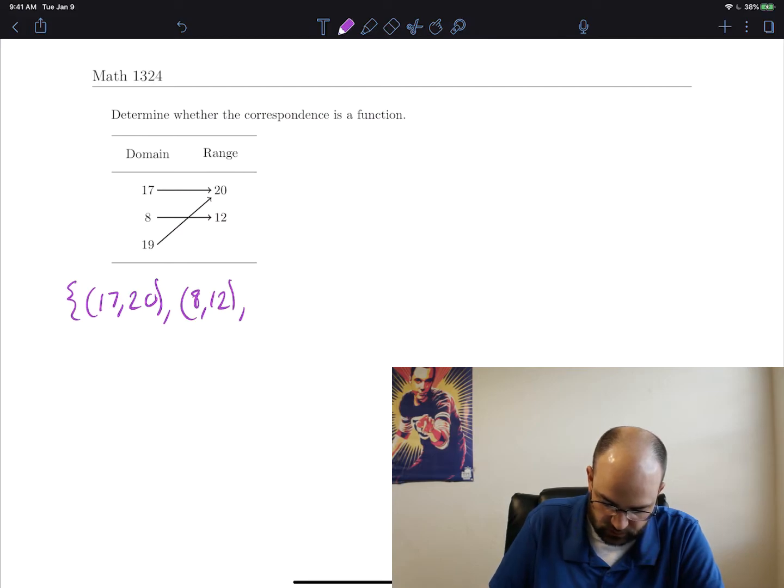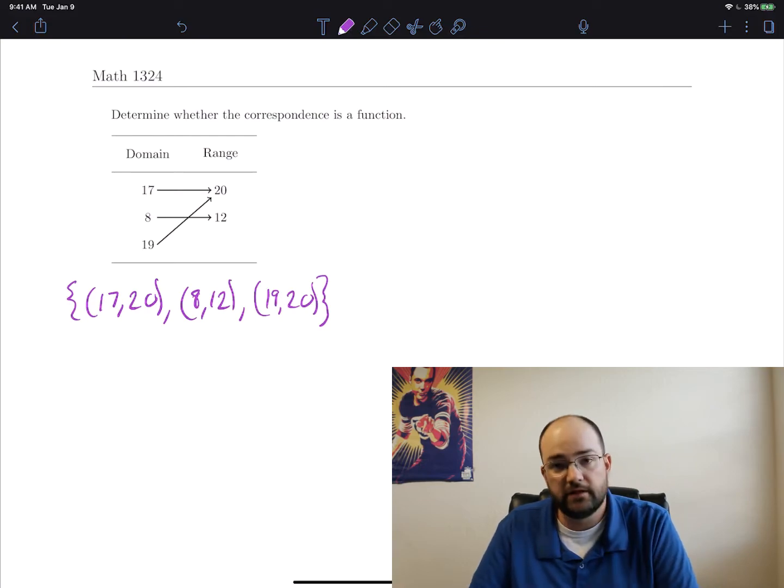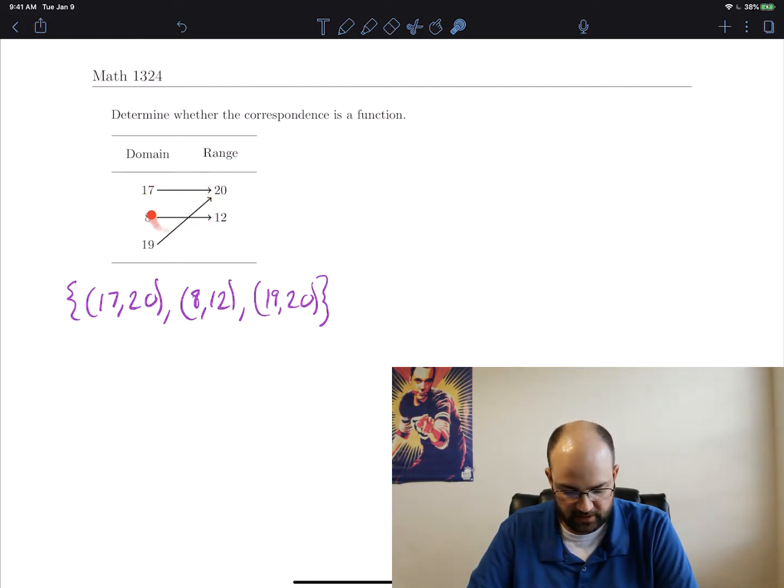And then of course we would have the coordinate 19, 20. And that's what this would look like in set notation. These two are equivalent to each other. This is a correspondence, and this is just a set of coordinates, but they mean the same thing.